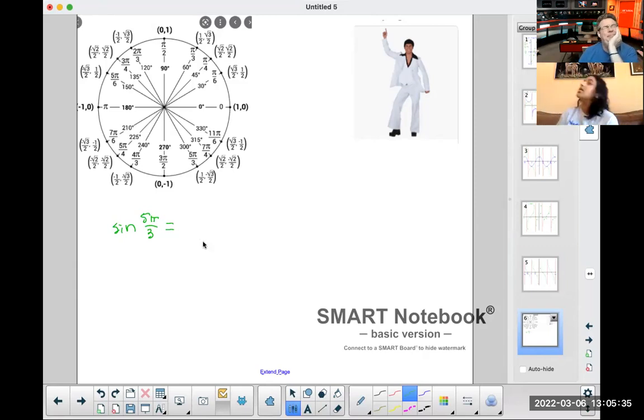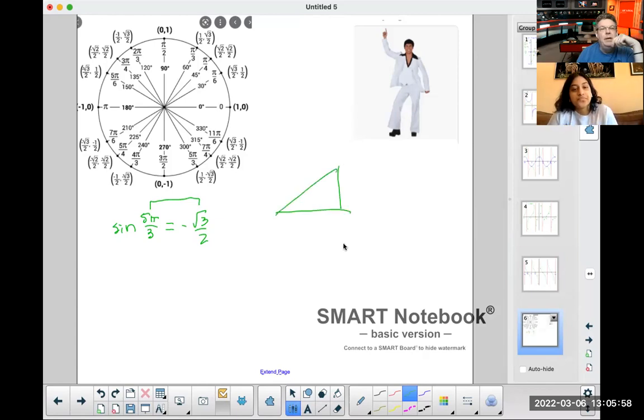Yes. So 60 degrees there is... Yes. So the sine would be negative root 3 by 2. Outstanding. So these guys are linked, right? And remember, sine, cosine, it all goes back to the right triangle. Yeah. So what we're saying is if this angle is 5 pi over 3, right?